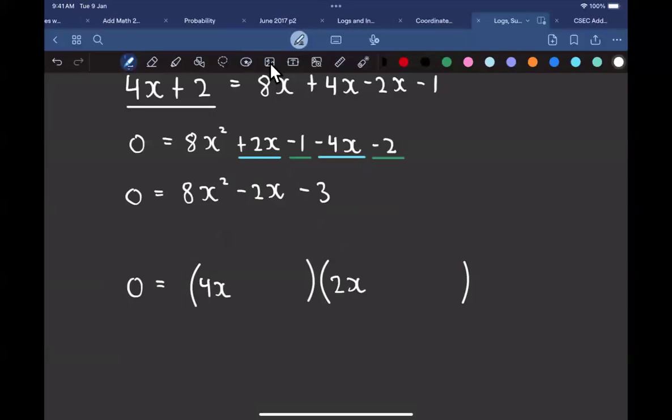And then you're going to look at the last term. How can I multiply to get minus 3? What by what is minus 3?